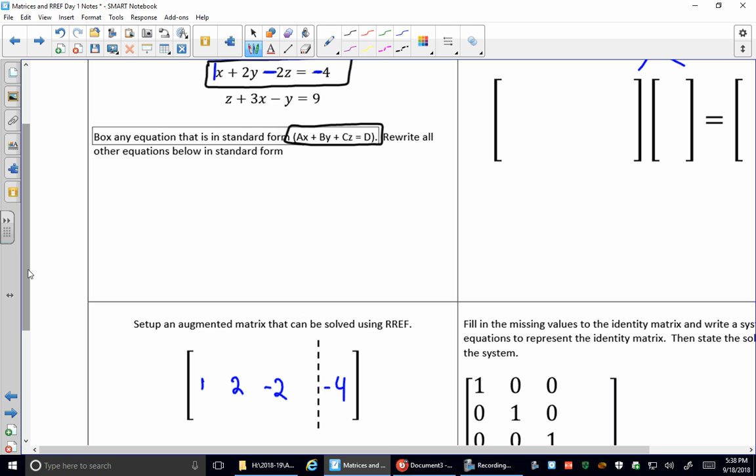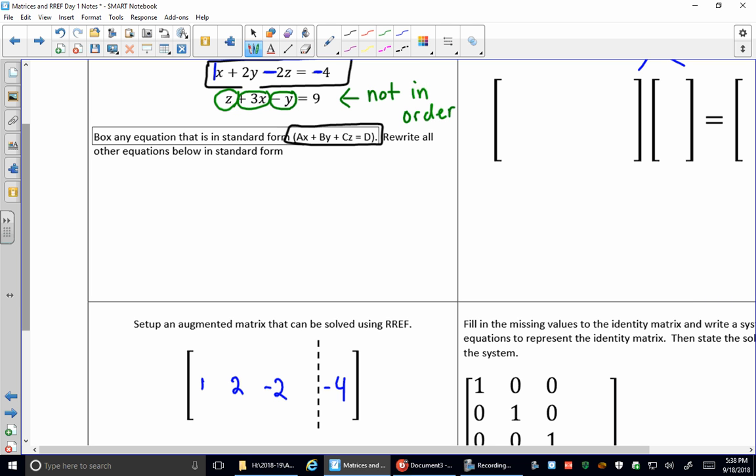So what we can say here is they're not in order. So we want to put them in order. So I'm going to circle the z. We're going to circle the 3x and the sign that's in front of it. Let me clean that up a little bit. And the y with a sign as well. And so now we can put these in order.